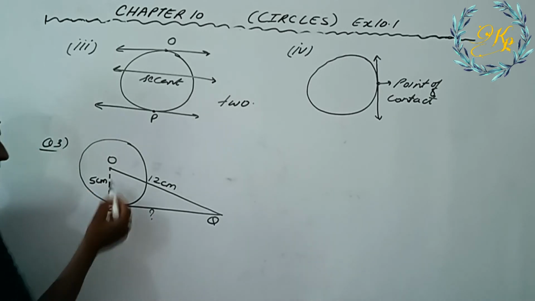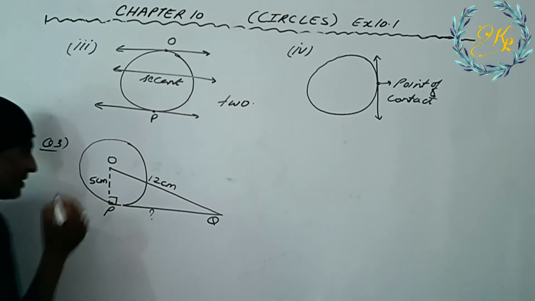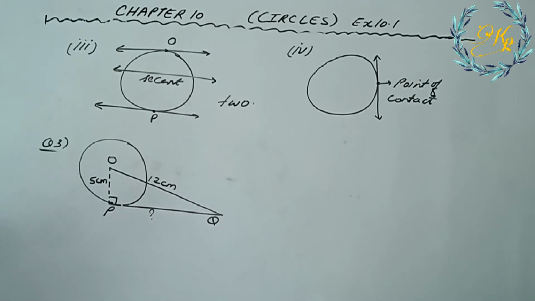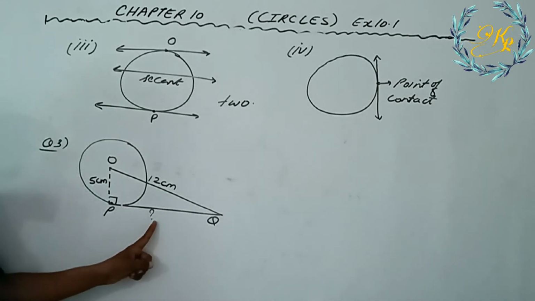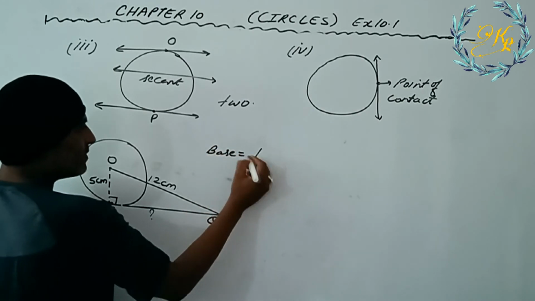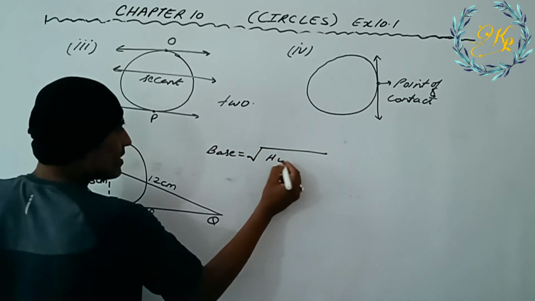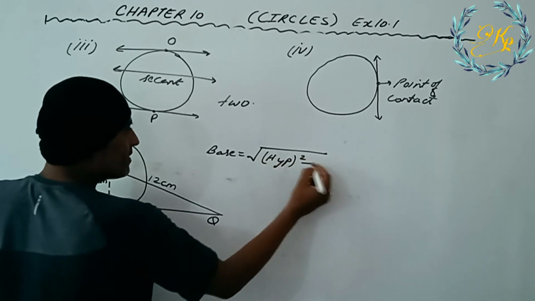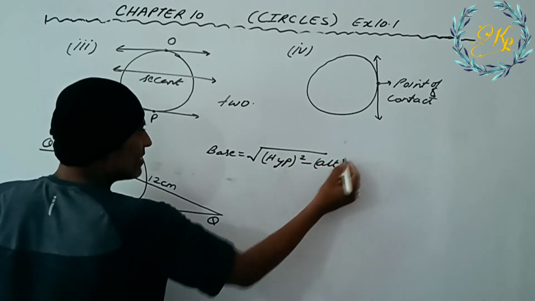Now, as you can see, this figure forms a right angle triangle. When we talk about a right angle triangle, we utilize the Pythagoras theorem. So we know that the base is equal to the square root of hypotenuse squared minus altitude squared.